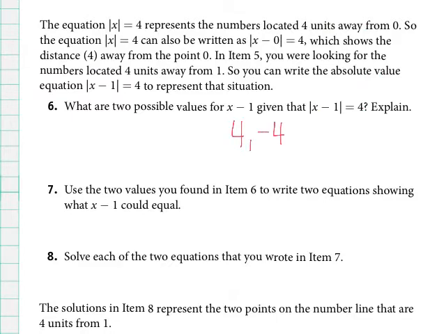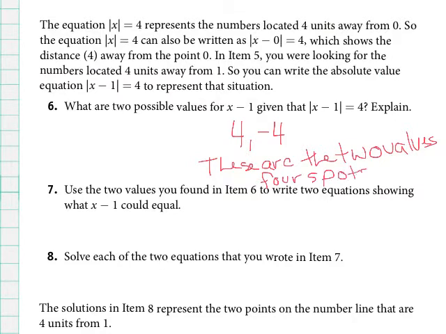And I'm going to say these are the 2 values for spots from 0. Okay, because again, this is telling me this has to be 4 units away from 0, so it could be 4 or negative 4.